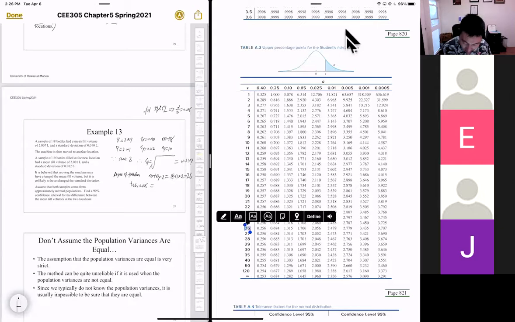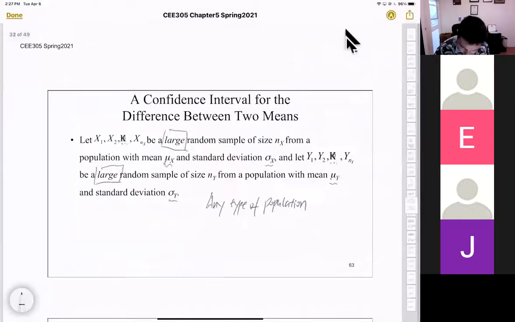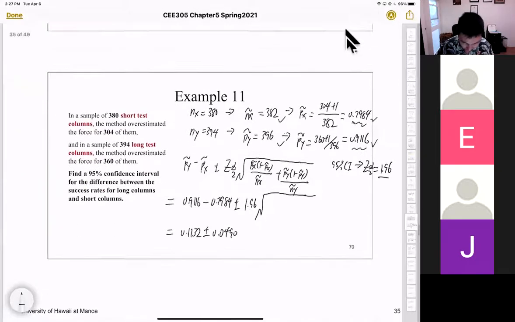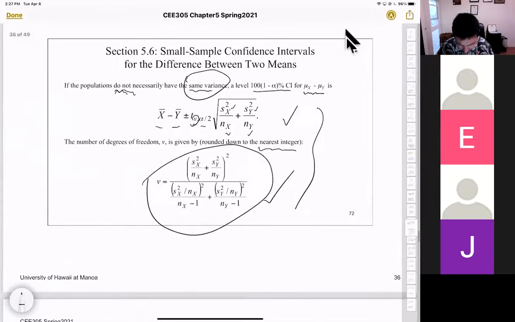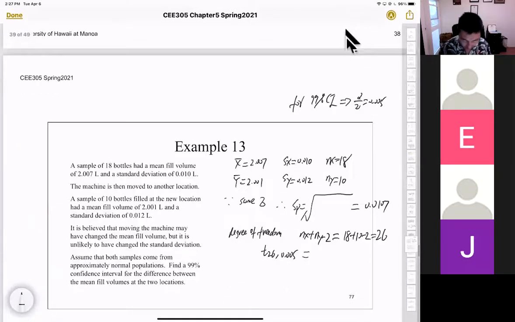Half alpha is 0.005 here, right? For 0.005 half alpha, it's 2.779. Sorry, here.